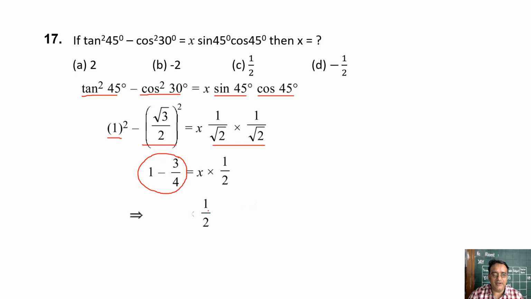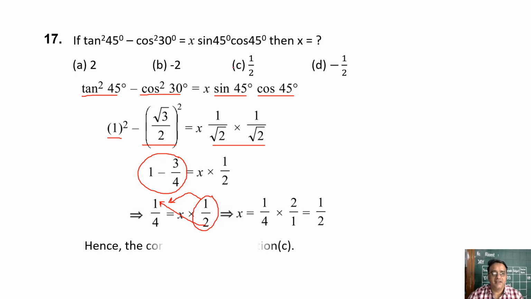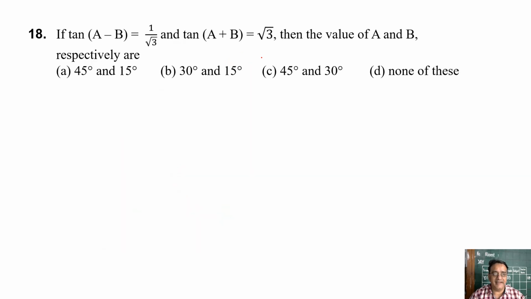So 1 by 4 is equal to x into 1 by 2. ध्यान से देखो, मैं 2 को यहाँ शिफ्ट कर रहा हूँ. ओके, 1 by 2 को अगर इस तरफ शिफ्ट करेंगे तो इसका रेसिप्रोकल हो जाएगा 2 by 1. नाउ व्हाट इज द फाइनल आंसर? 1 by 2. राइट, 1 by 2. सो द करेक्ट ऑप्शन इज Option C. ऑप्शन सी, राइट. सो नाउ लेट अस मूव टुवर्ड्स क्वेश्चन नंबर 18.